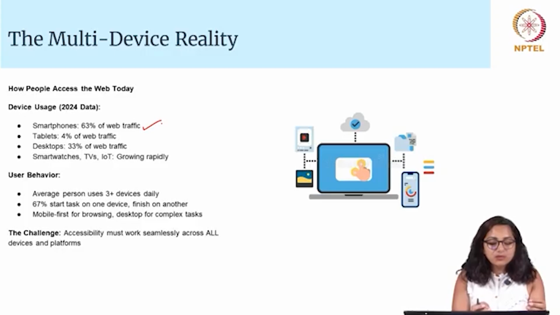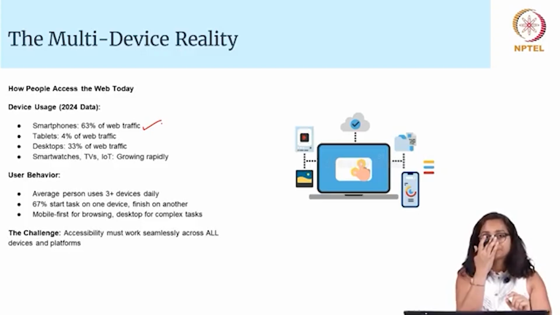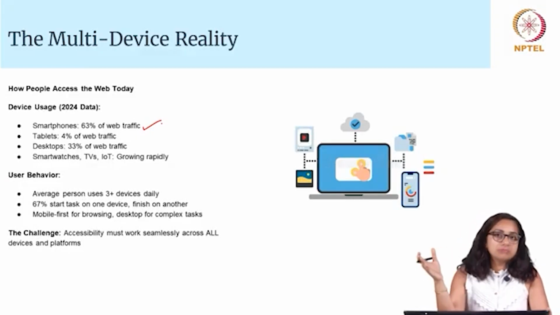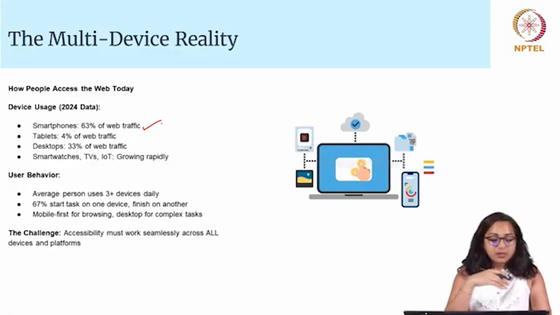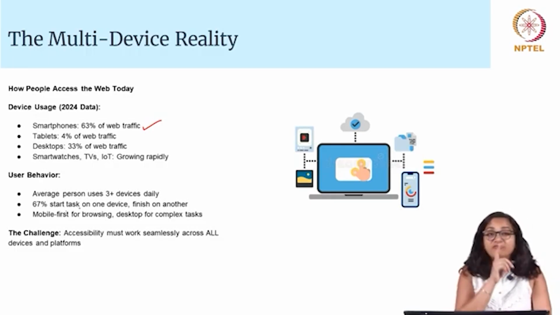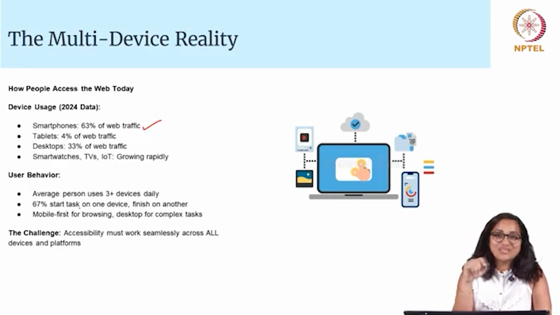User behavior states that the average person uses 3+ devices daily, largely a smartphone, maybe a wearable and a television or other IoT devices, etc. 67% start a task on one device and finish on another device.